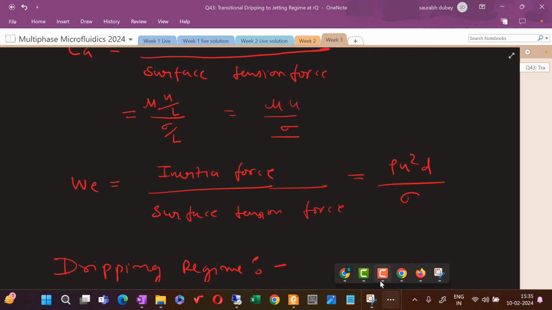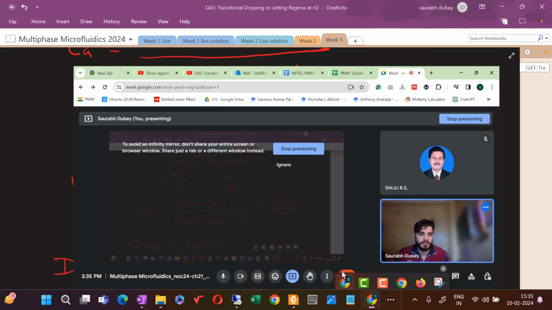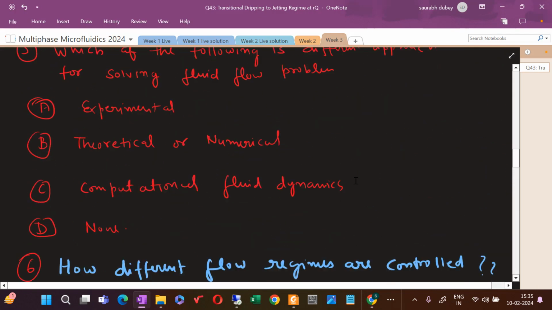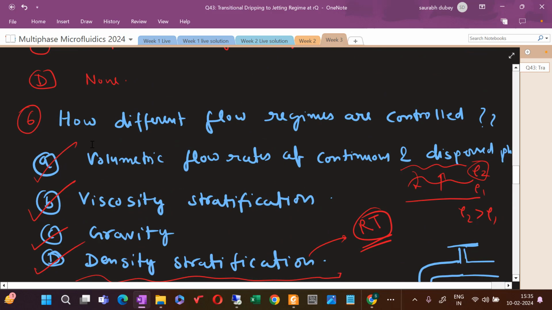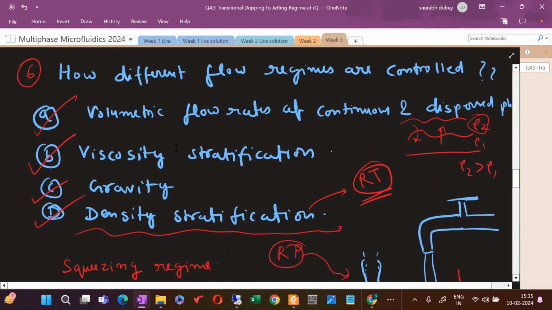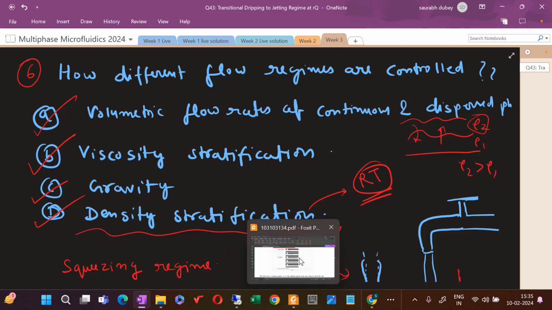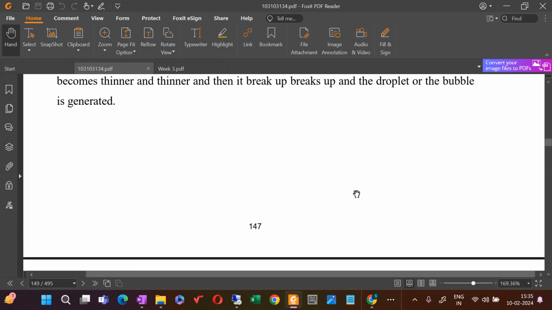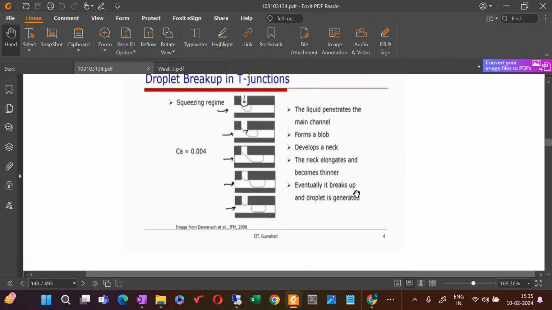And then if you look at some other questions that I had already solved, on how different flow regimes come about, we came to know that different values were responsible. Though I have taken only density, viscosity, gravity, and this, these are the different reasons that will decide which flow structures come into the picture.